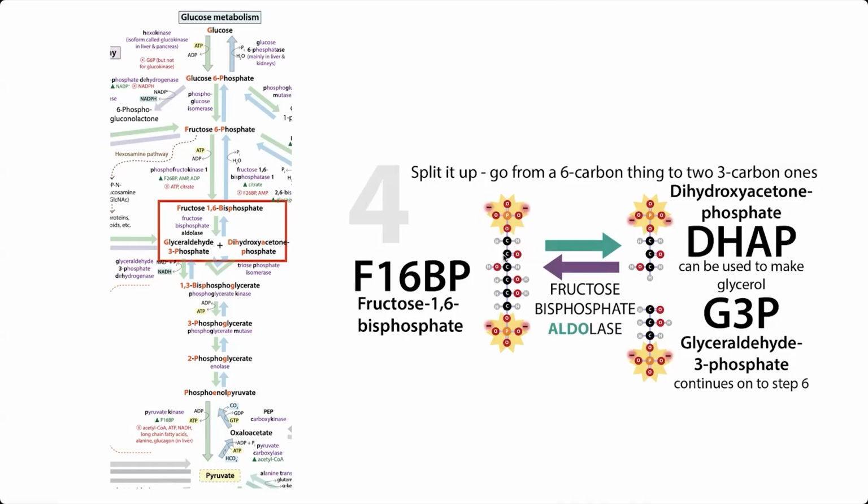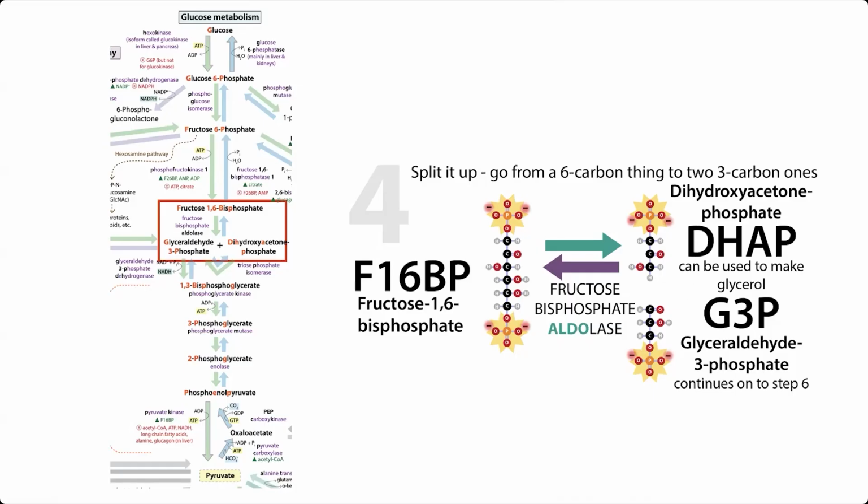We're going to take the 6-carbon compound and split it in half in a retroaldol reaction. And so we call this an aldolase. Its full name is fructose bisphosphate aldolase, but typically we just refer to it as aldolase. And it's going to break that 6-carbon into two 3-carbon parts, dihydroxyacetone phosphate and glyceraldehyde 3-phosphate.